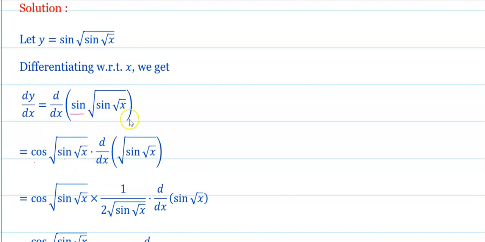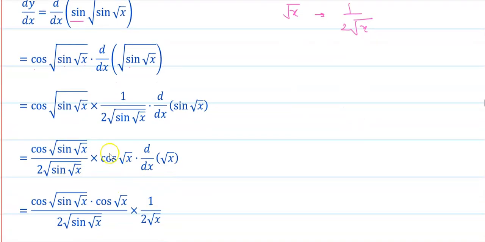But here is the root quantity, now we will take its derivative. Next we will find d/dx of root of sine of root x. Now the derivative of root, what is the derivative of root of x? It is again 1 upon 2 times root x. Similarly, d/dx of root of sine of root x is 1 upon 2 times root of sine of root x.